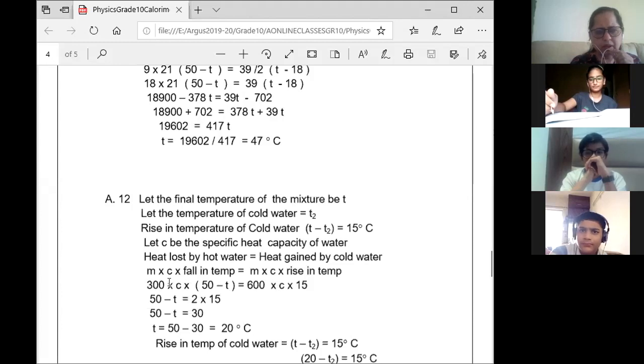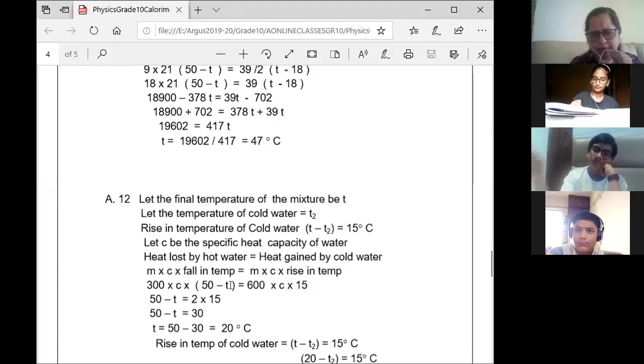So mass of the hot water multiplied by C, it was at 50 degrees, it is going to come down to T degrees, the equilibrium temperature. So 50 minus T. Mass of the cold water 600 C, and rise in temperature of cold water is 15, that is T minus T2, that is 15, right?